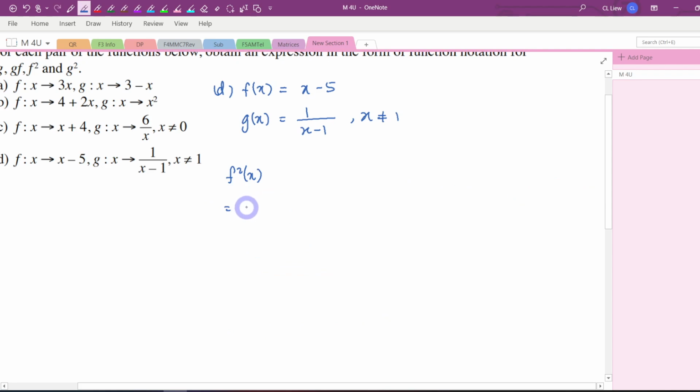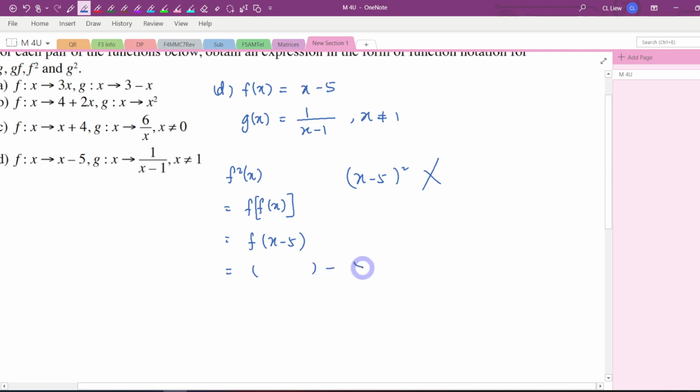Okay, now let's find f of f of x. As I told you just now, you cannot do it this way. Some students might do it this way: f of x is equal to this, so take this whole thing squared. This is not a correct way of finding the composite function. So what I'm going to do here, f of x is equal to this, and then one more time, x minus 5.